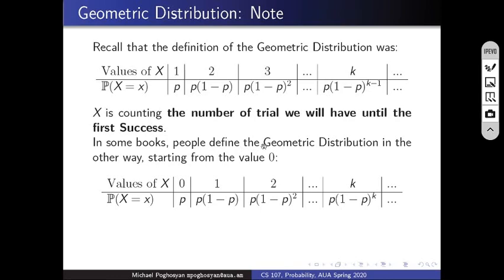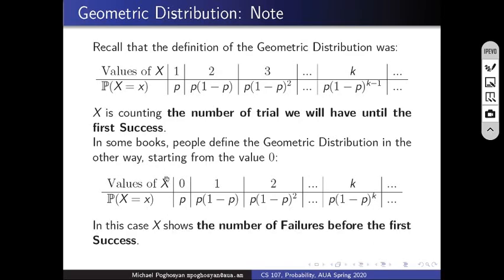But in some books you will find the following definition of geometric distribution. So X is taking values 0, 1, 2, etc. k with the same probabilities. And in this case, X is not the number of trials up to having success, but X is showing the number of failures before the first success.